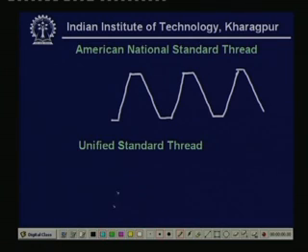This angle is 60°, and all the other dimensions, that is clearance, etc., are given in the handbook, but this is normally used in very common applications. This is known as the American National Standard thread.